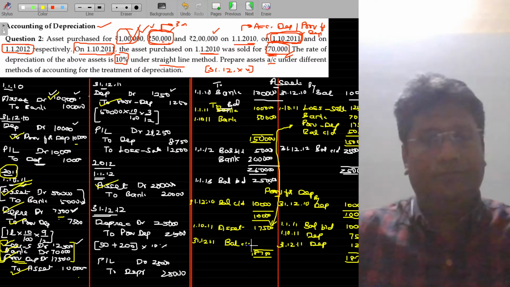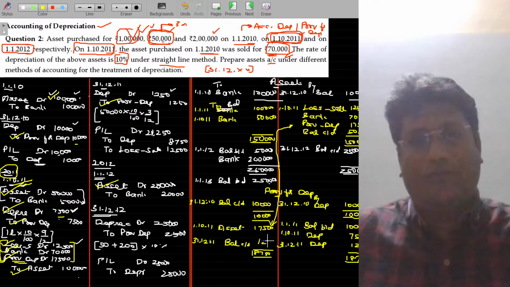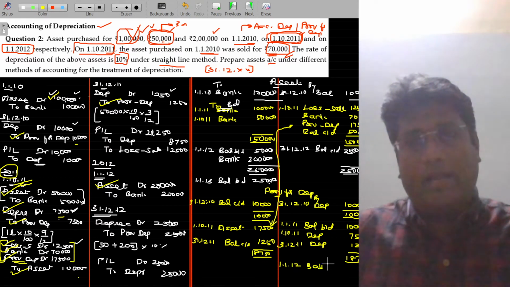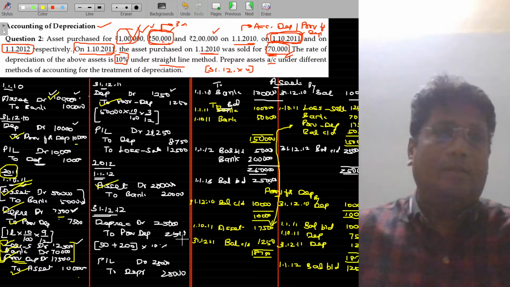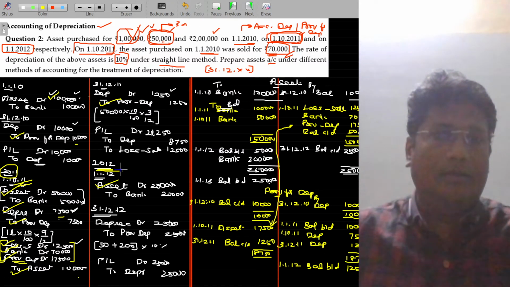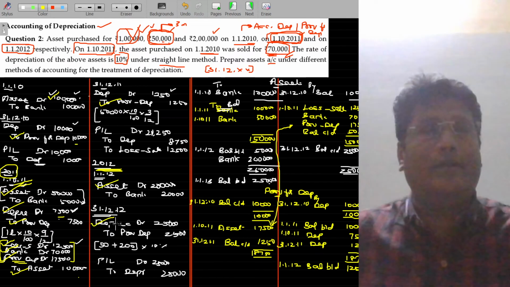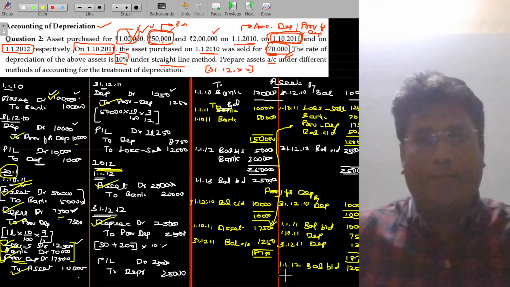Balance carried on 1,250. Transfer to the next year 1/1/2012, balance brought down 1,250.